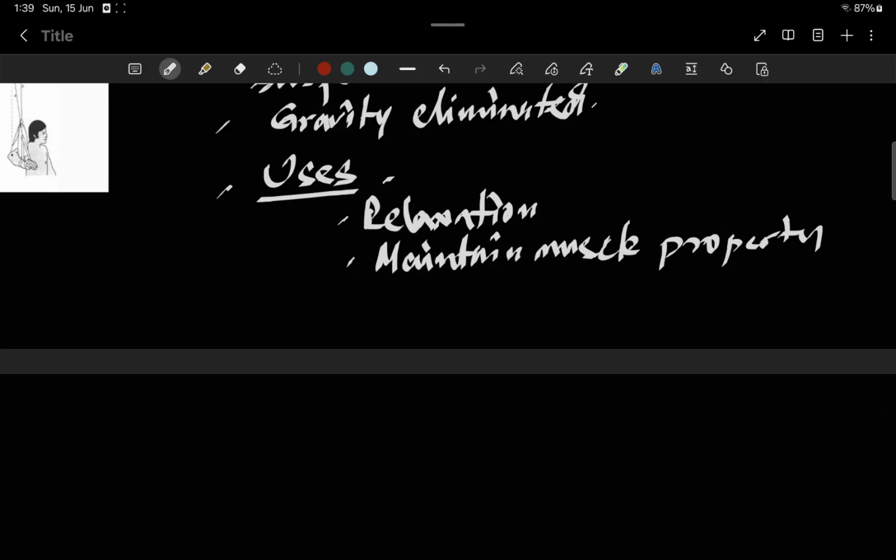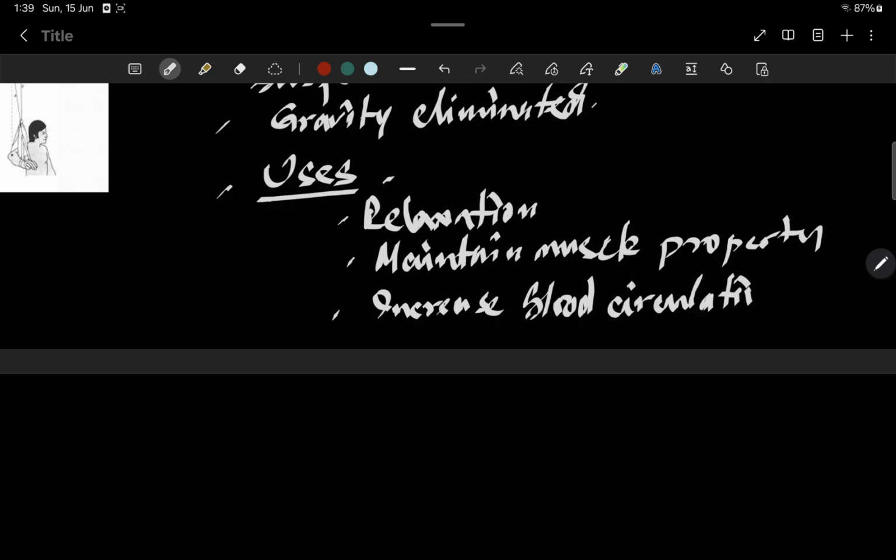What is it? Next one is the increase blood circulation. Next is increase venous return.